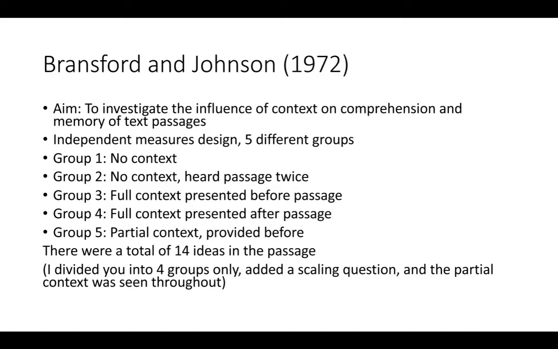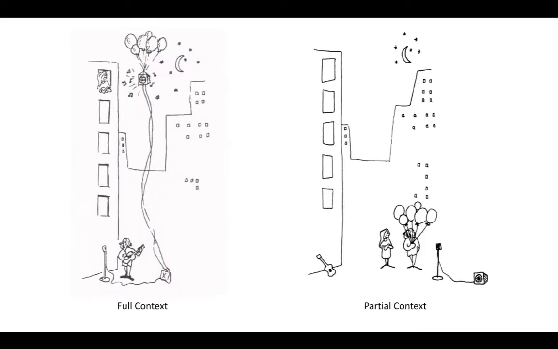So the whole passage, which I will read to you shortly with the context, has 14 different ideas in it. And that is what they were trying to figure out: how many ideas would the participants be able to gather based on the conditions that they were provided. So this is the full context picture.